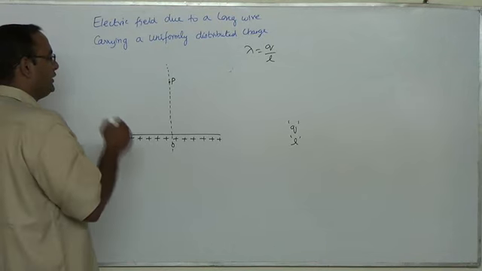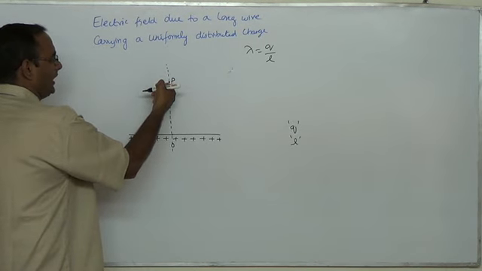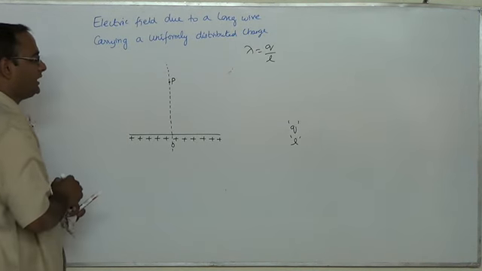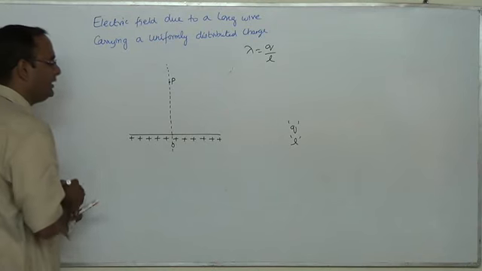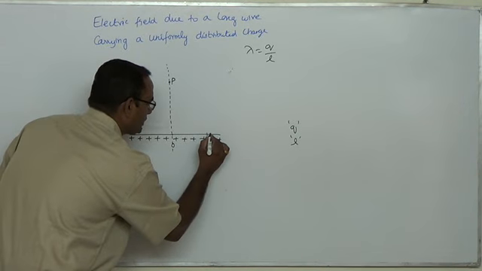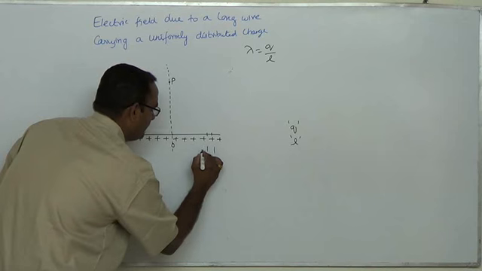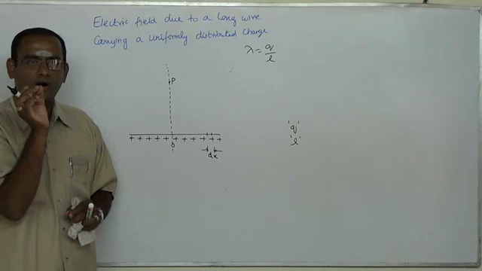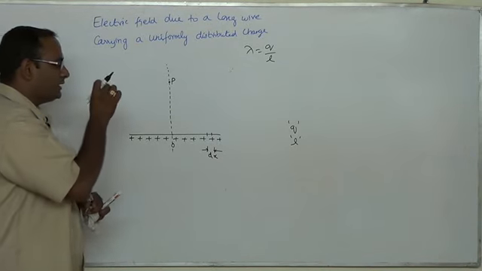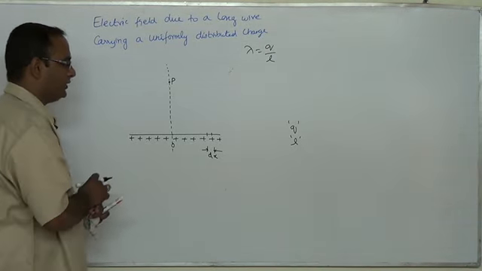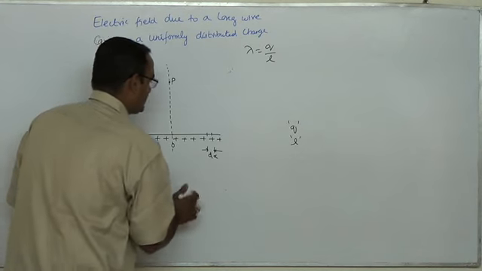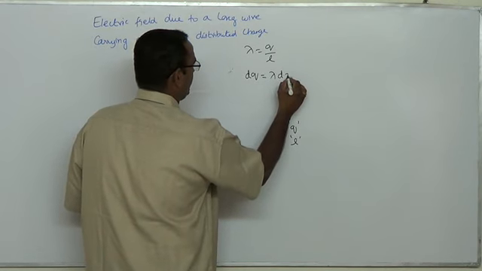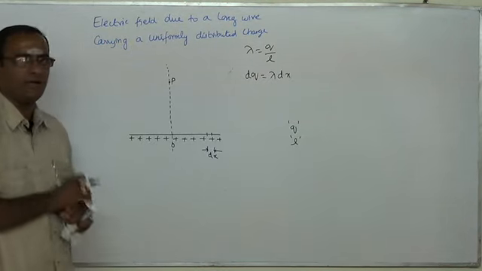Now, it is our duty to find the electric field at this point. To find the electric field at that point because of the entire wire, choose a wire portion of length x, let the small portion be dx. The charge across this dx will be dq equal to lambda times dx, because lambda is charge per unit length.